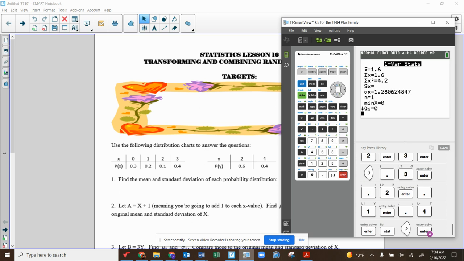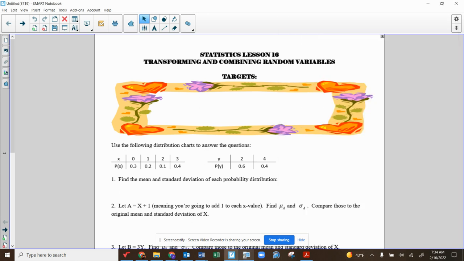So here's how I'm going to label those. For mean, we are going to use the symbol mu. It looks like an M with a little tail on it. Because I want to differentiate between these two, I'm going to give it a little subscript. So the mean of x is 1.6, and the standard deviation of x is equal to 1.28.